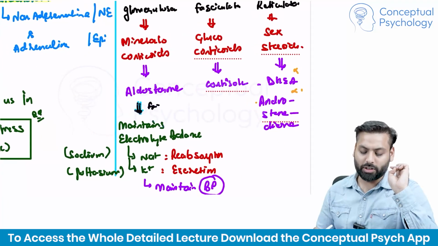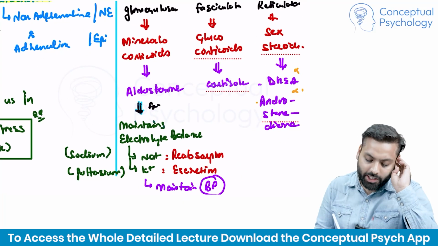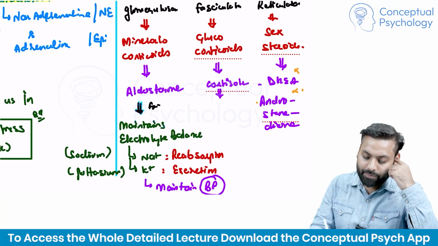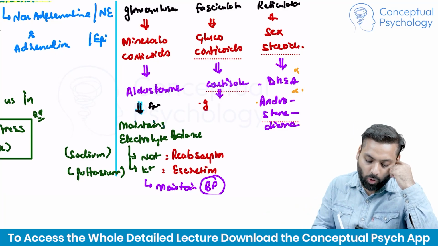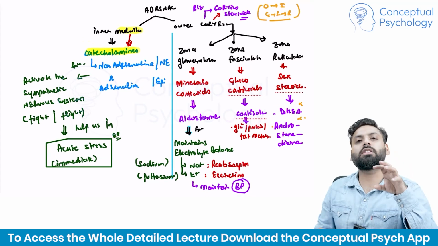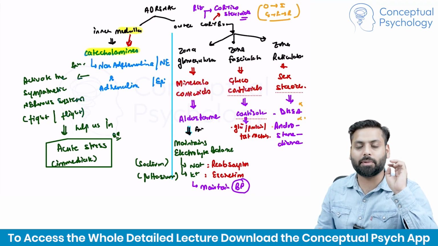If you are asked about the role of cortisol, it has a very important role. It has a role in glucose, protein and fat metabolism.